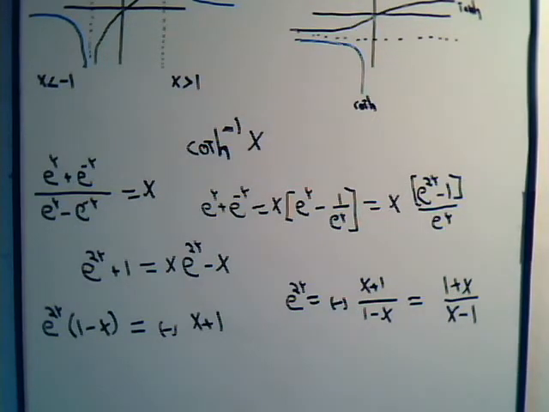So nothing tricky here. Well, let's just pause for a moment. Now, remember, e to the y is always positive, so e to the 2y is always going to be positive.